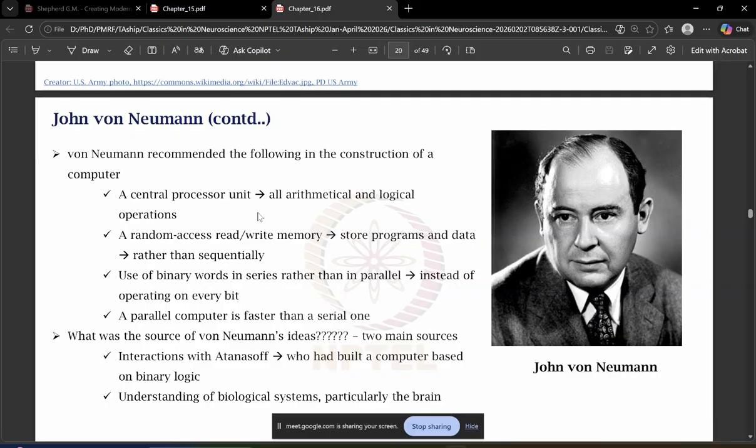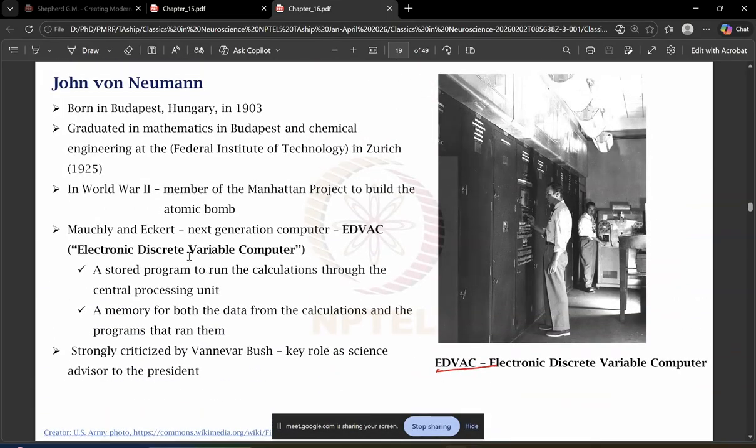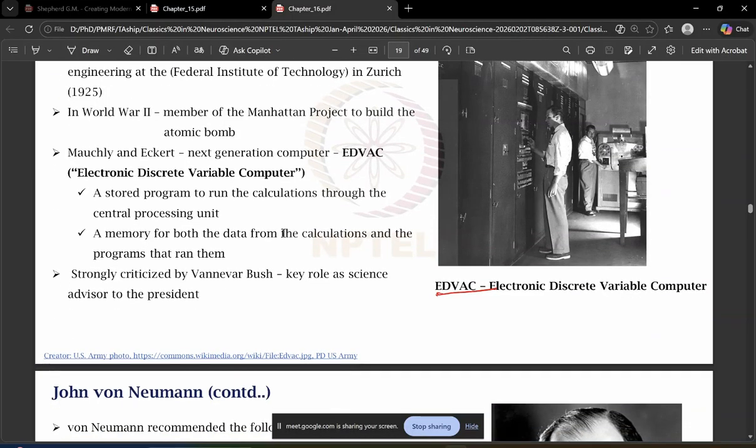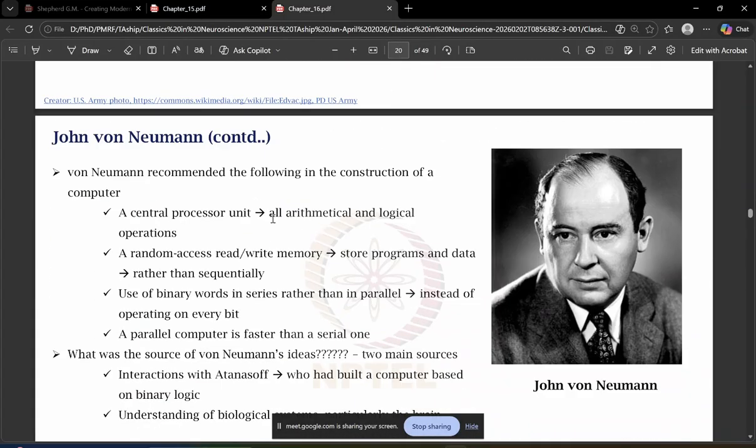So what did he do? He recommended these things. So initially, Mauchly and Eckert were saying that we will have a stored program to run the calculations through the CPU and a memory for both the data from the calculations and the programs that run them. This was the idea that Mauchly and Eckert were running on. Neumann recommended these things.